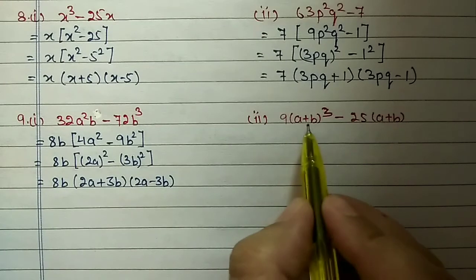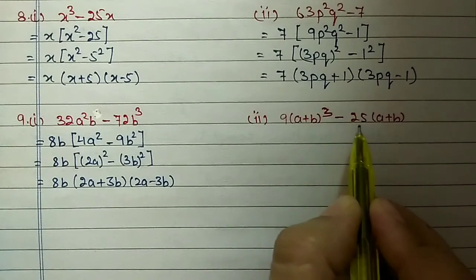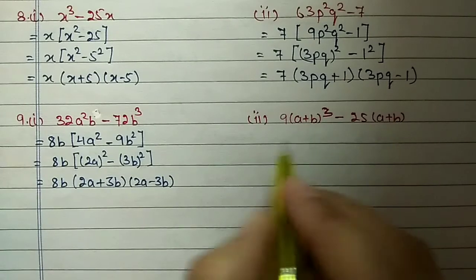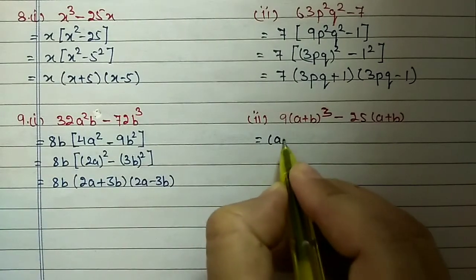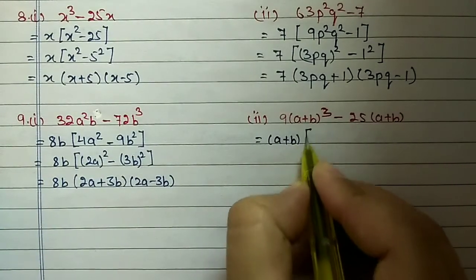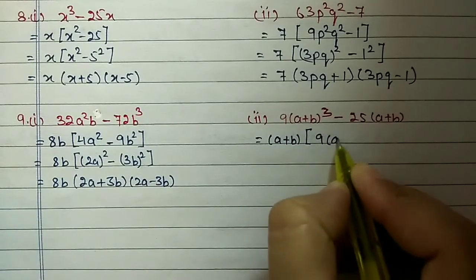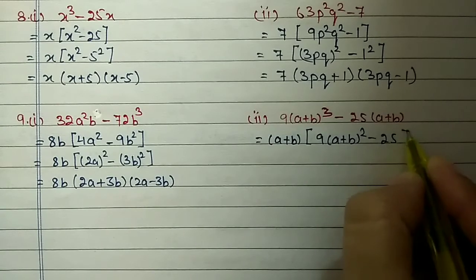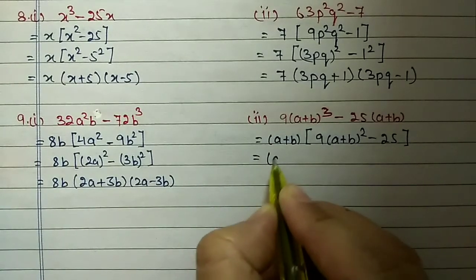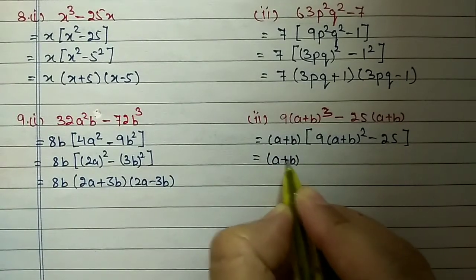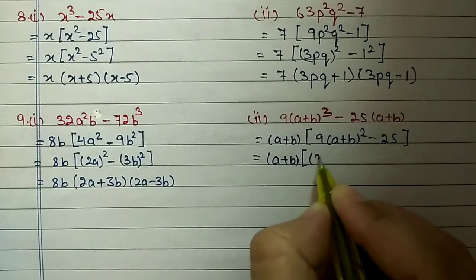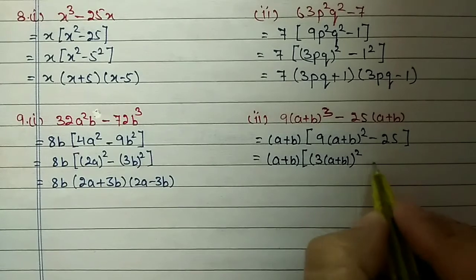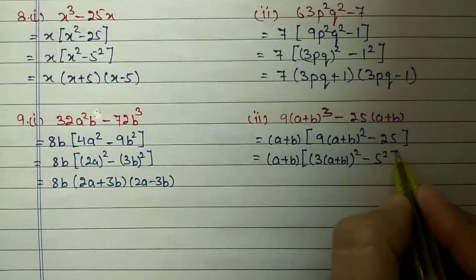Second part, 9(a + b)³ − 25(a + b). So this (a + b), one bracket we will take out as common. Then we will get 9(a + b)² − 25. And this 9 we can write as (3(a + b))² − 5².